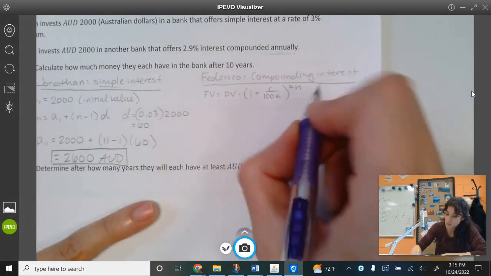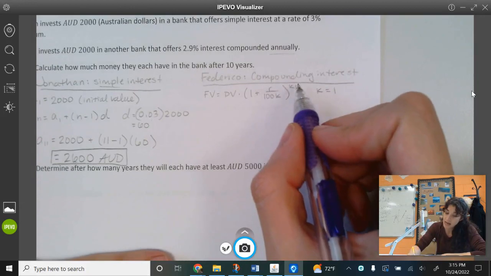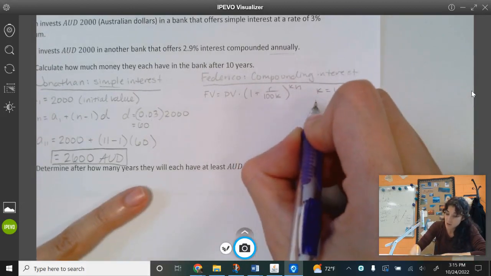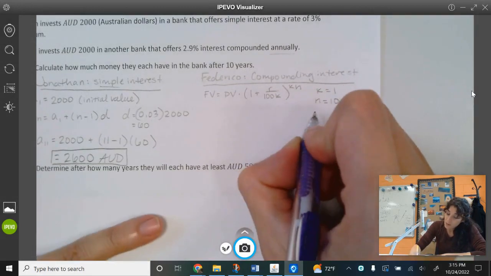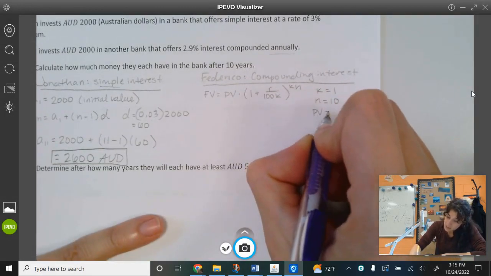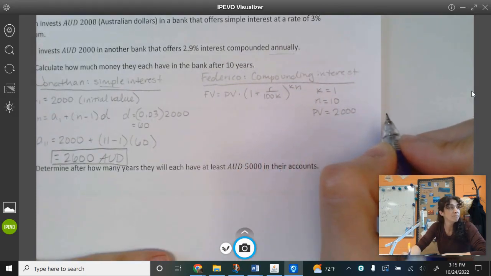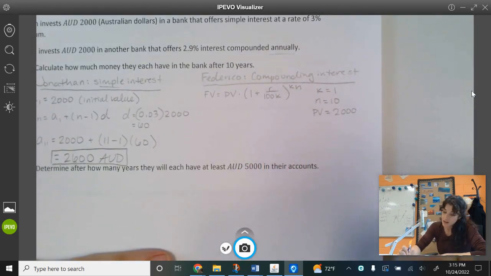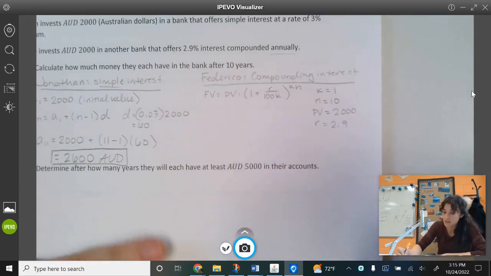It says it's compounded annually, so K is equal to 1. We want after 10 years, so N will be 10. Our present value is the initial one, which is 2,000. And our interest is going to be 2.9, because remember, we don't turn that into a decimal.